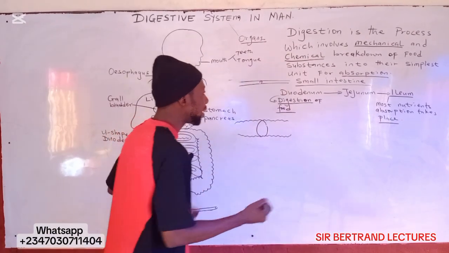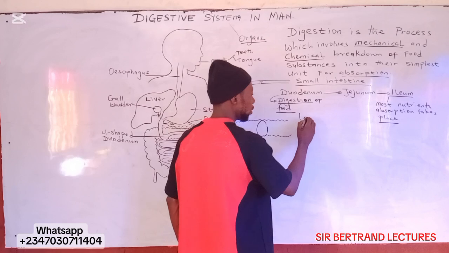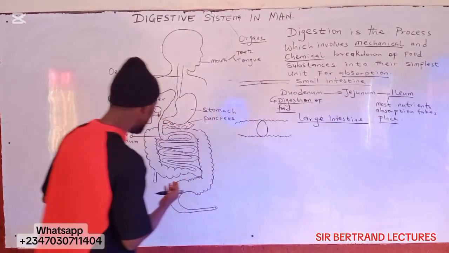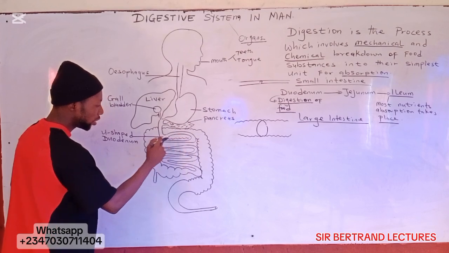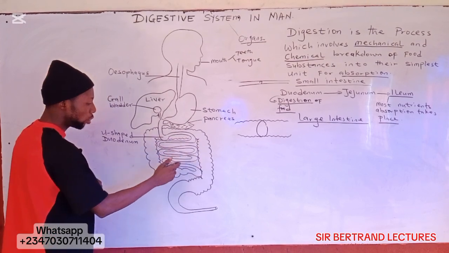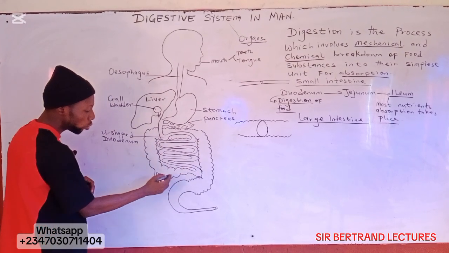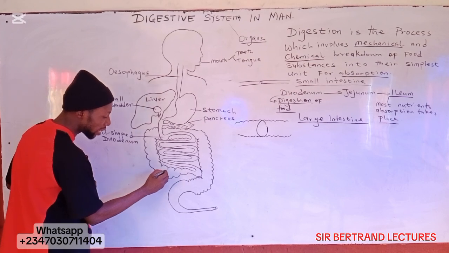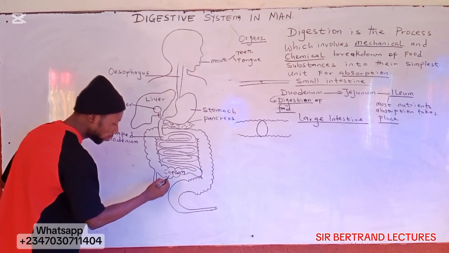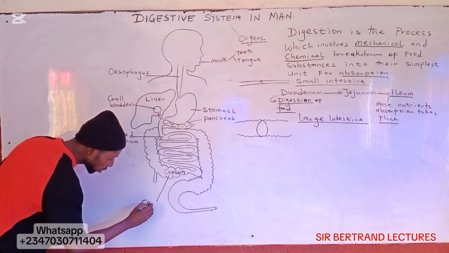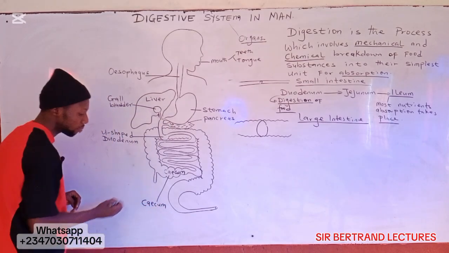Now, what are the parts of the large intestine? The ileum connects to this part of the large intestine known as the cecum.